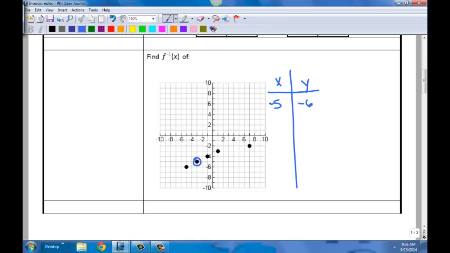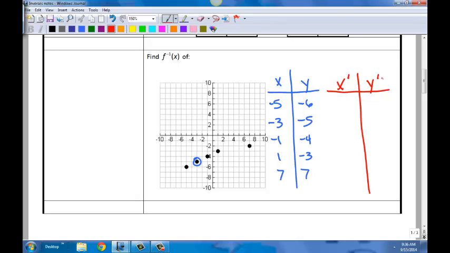And the coordinates of this point are -3, -5. So now to find the inverse, I'm just going to flip-flop everything. Sometimes you'll see this maybe written like this, x prime and y prime. That means the new function. Okay, we've done something to it, and now this is the new one after we messed with it.